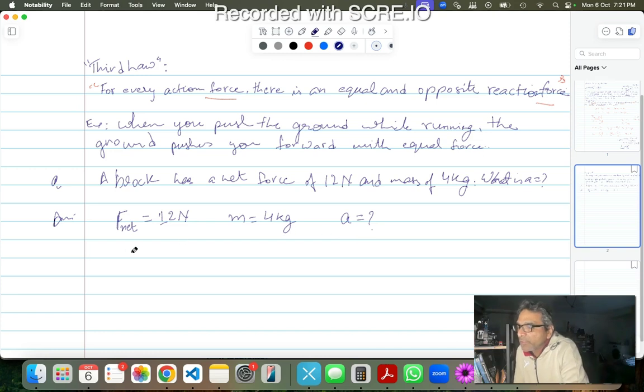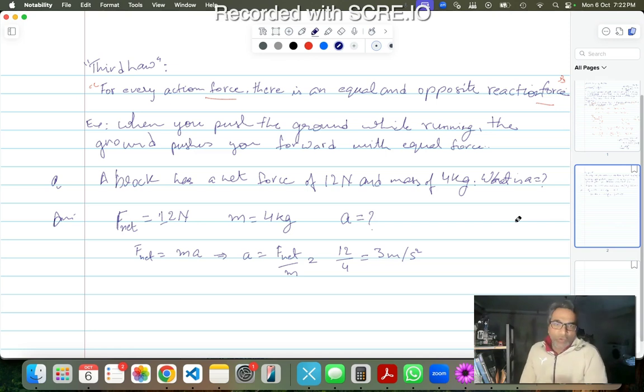We need the acceleration, so we use F net equals ma. Yes, very good. So now put the values. Lovely. You are now good to go with the merit.